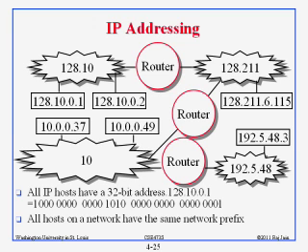This one is another network which has the prefix 128.211, 16 bits. So it will have many computers which start with 211. This will have many computers that start with 128.10. This network is numbered 10, and so this is only 8-bit.